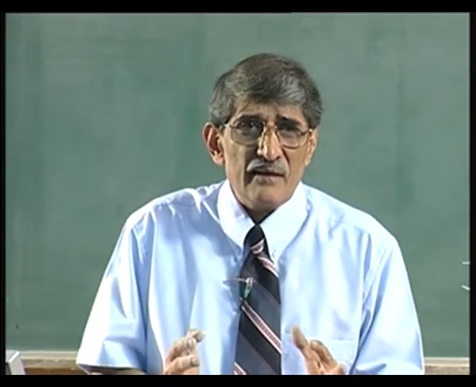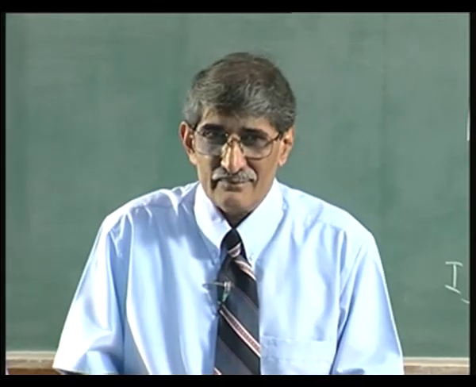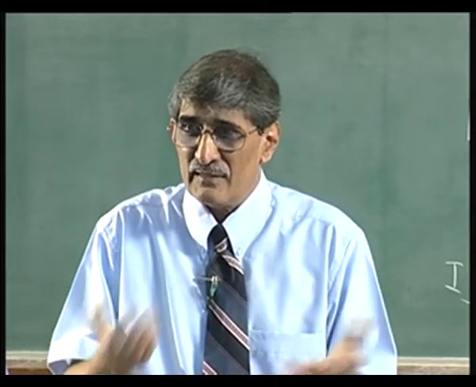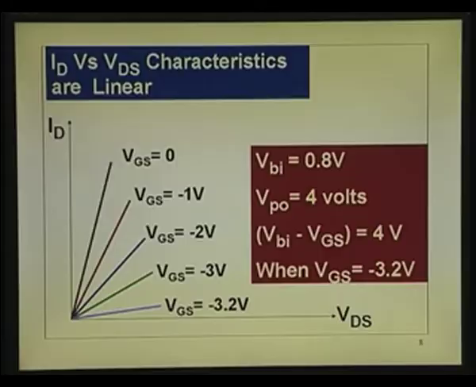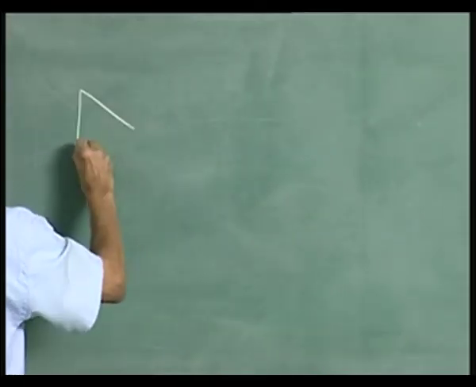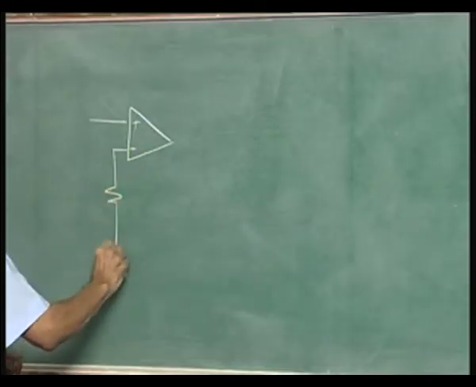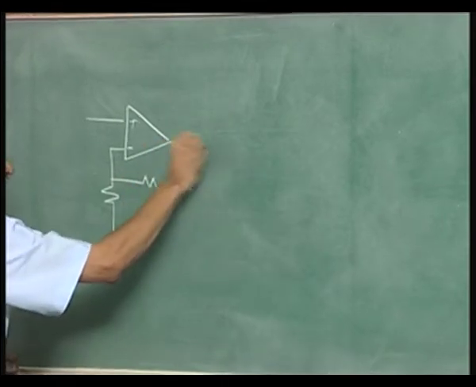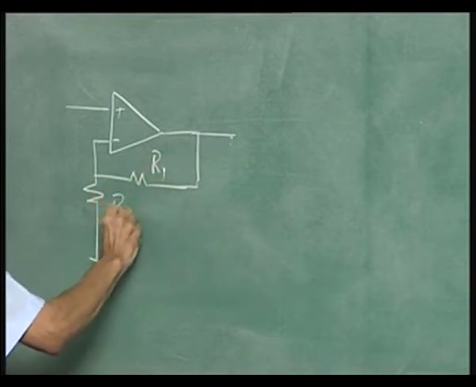Just a very good example is, when you make a Wien-Bridge oscillator, it is an amplifier of gain 3 with an RC combination in the feedback circuit. Okay. So, let me draw that quickly, as a recapitulation for the memory. See, if you have a simple amplifier circuit, you will put an op amp, R1, R2.